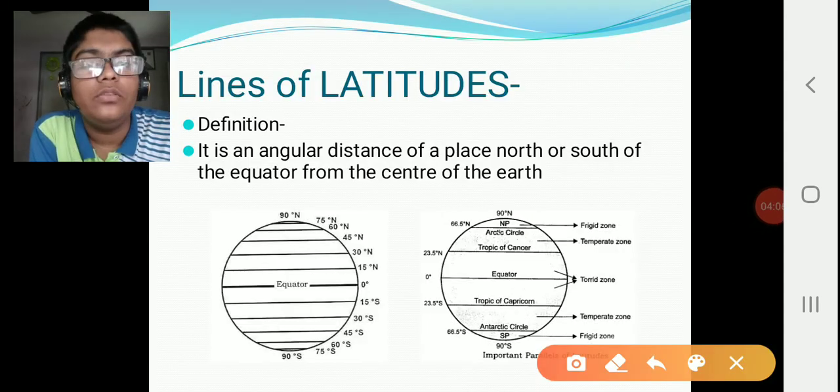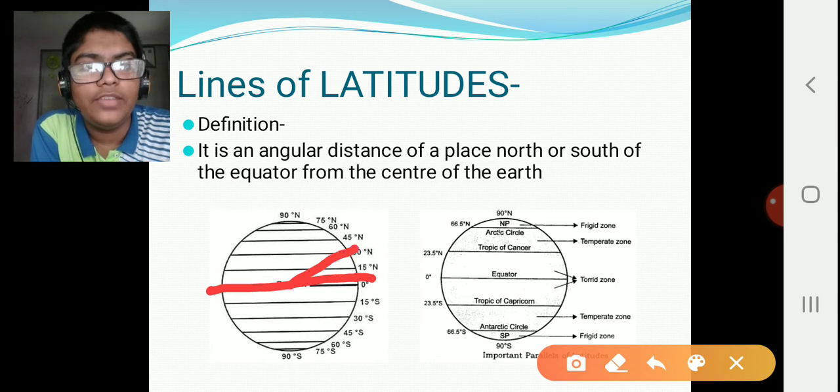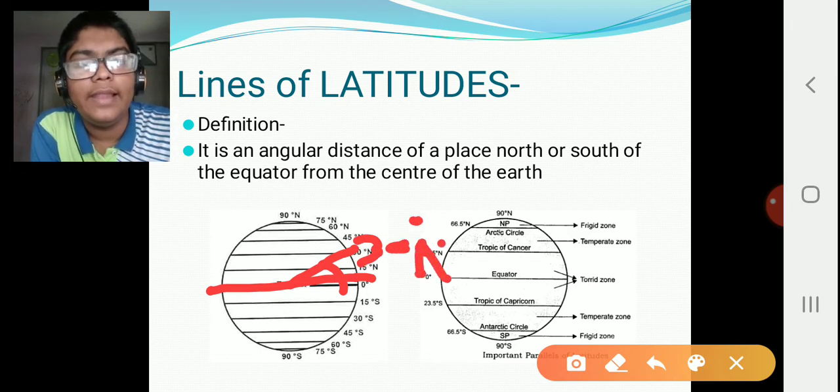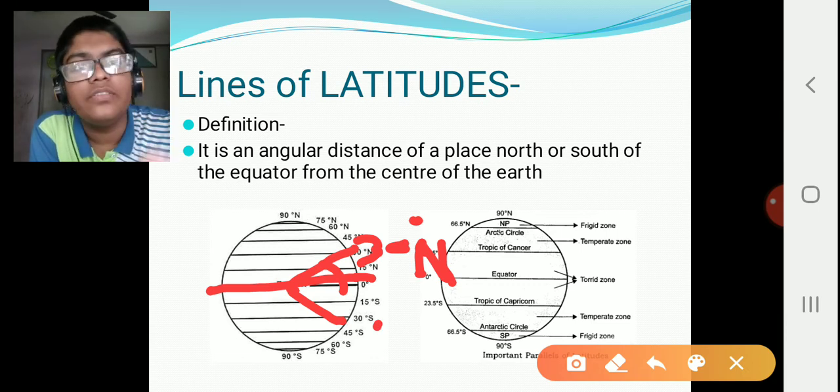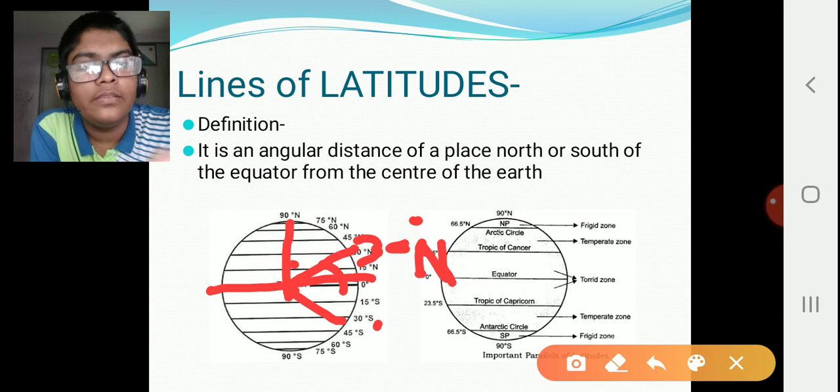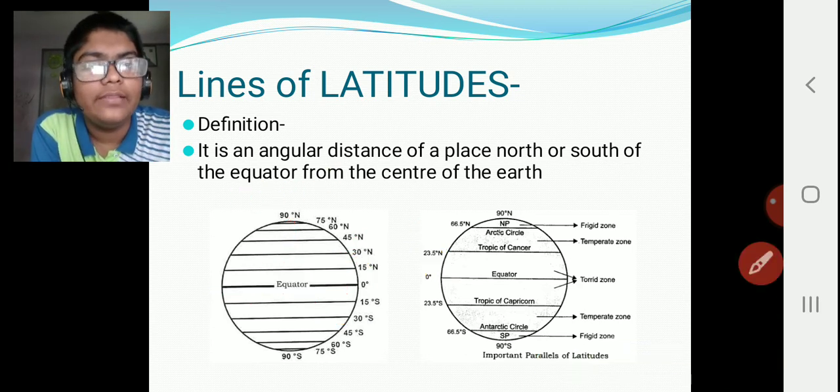This is the equator. From here if you check the angle, it is about 30 degrees. So like this, 30 degrees north latitude. From here you take the angular distance of 30 degrees. Here if you take, it is 90 degrees north. So that is the latitude.